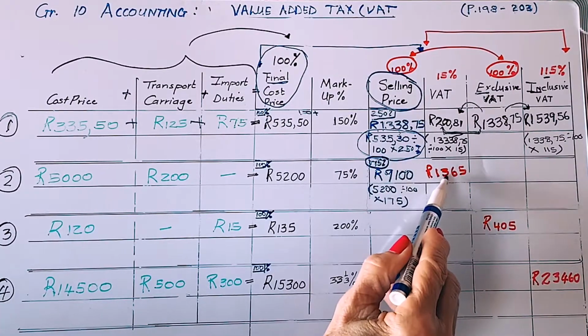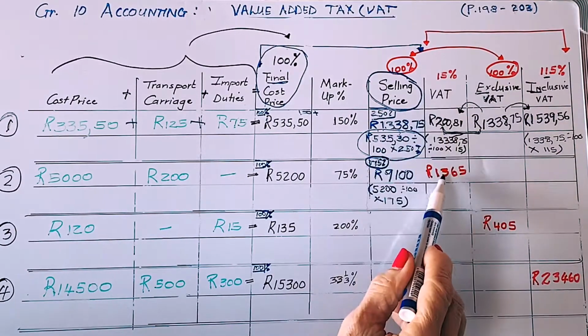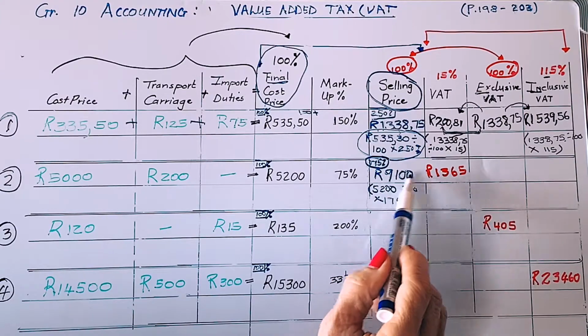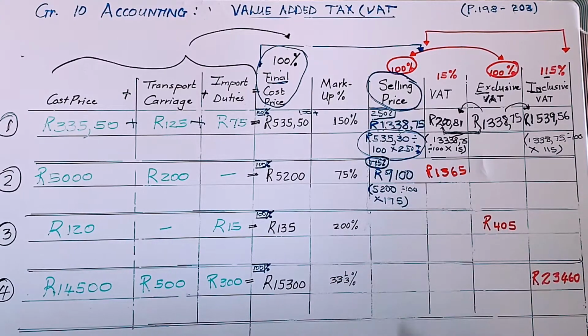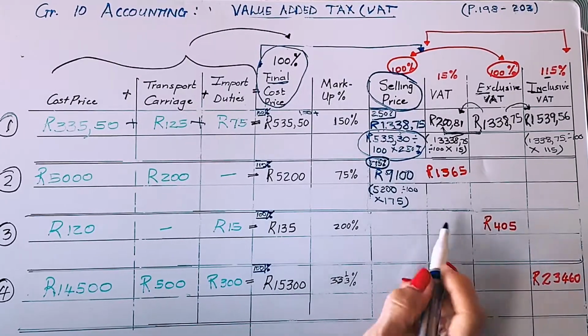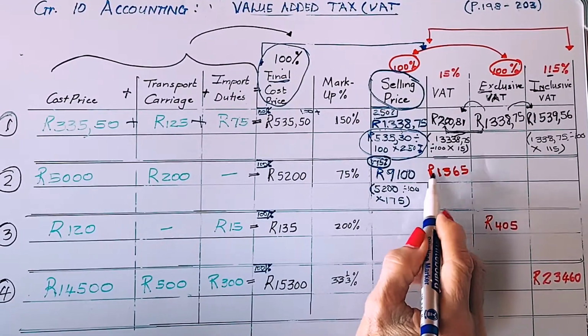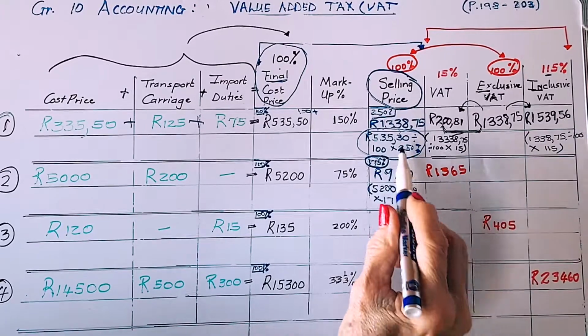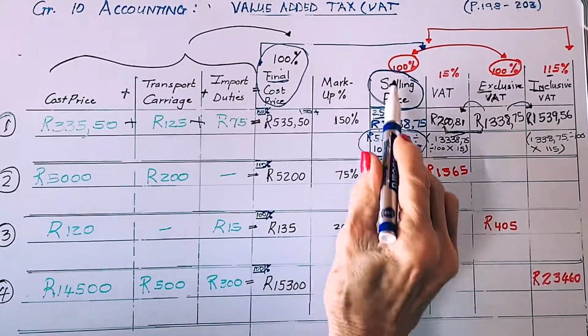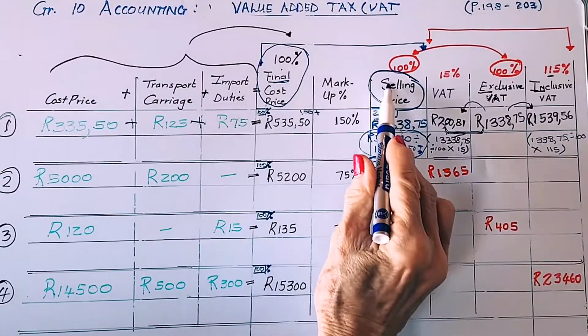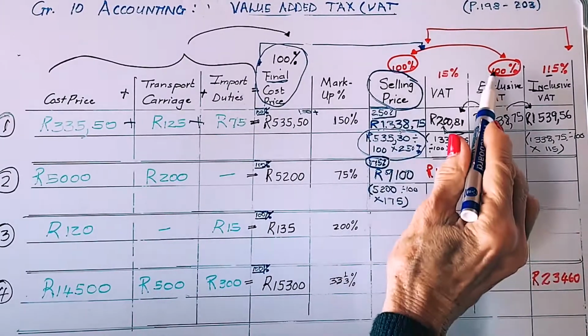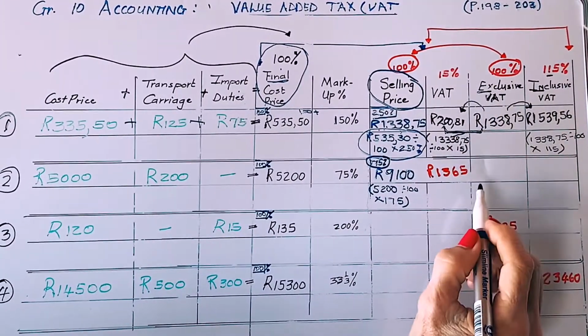Now, R9,100, I already told you the VAT amount on that is 1365. You can go and test it and see if it's correct by starting with your selling price. But what do we know about the selling price? It's got another name. The other name is exclusive VAT.